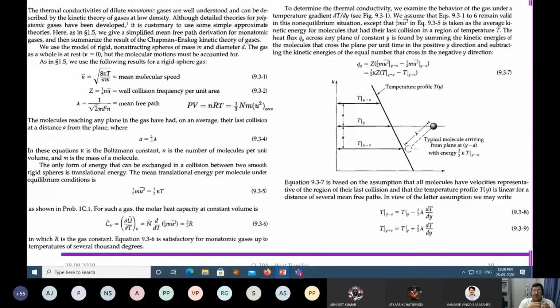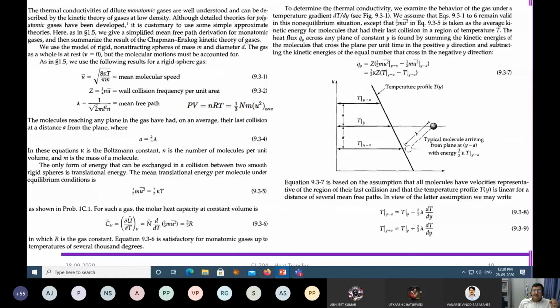And in the process, from there you correlate the heat flux first with the kinetic energy and then with the temperature gradient. There the mean free path is one very important factor. Why? Because if the length scale is larger than the mean free path, there will be no collision. If it is smaller than that, there will be collision.